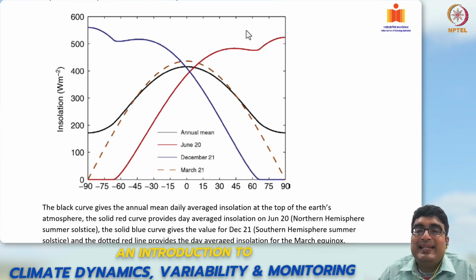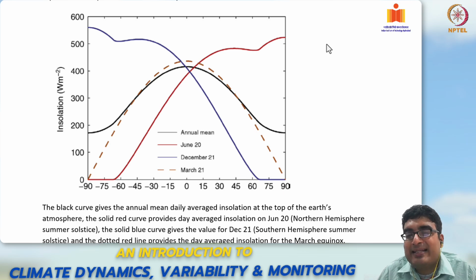So, this increase in the solar insolation during the summer months is primarily due to this effect, that the summer hemisphere is inclining towards the sun. So, the sun is at a much higher angle in the sky and hence has less beam spreading effect, and the number of daylight hours is also quite large.